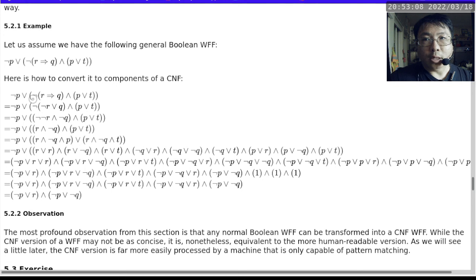If the outermost operation is an OR, there's not much you can do about it. You basically have to wait until everything else is done before you can determine what to do with this OR.